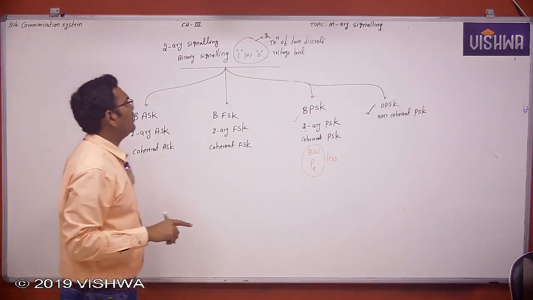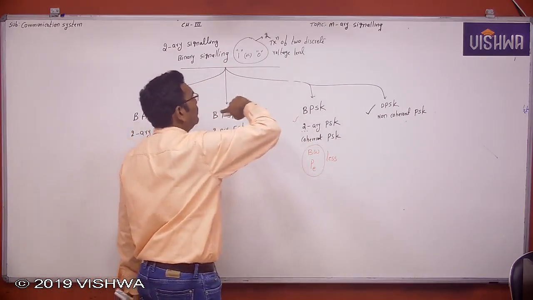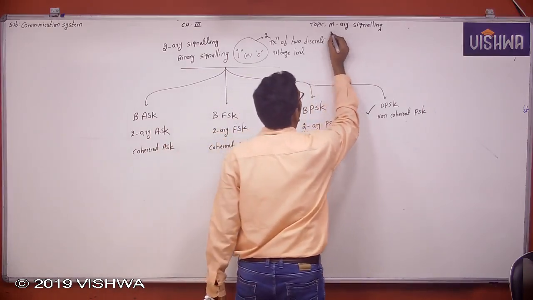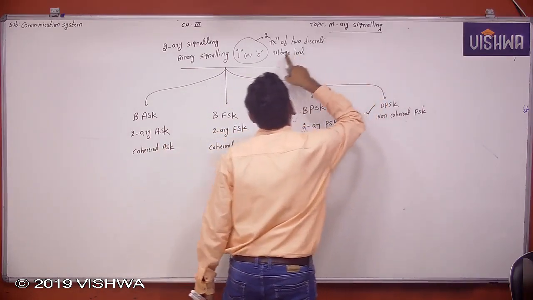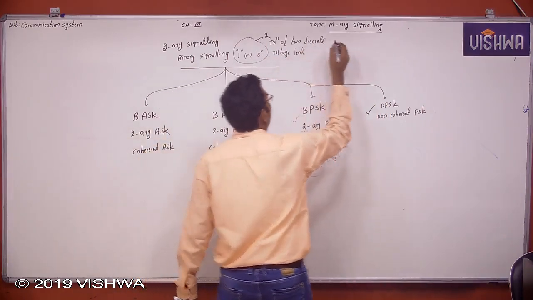So what I am saying is, this is the binary signaling we completed earlier, but now this is M-array signaling. Here, earlier you were just transmitting 2 discrete voltage levels, but what is the meaning of M?